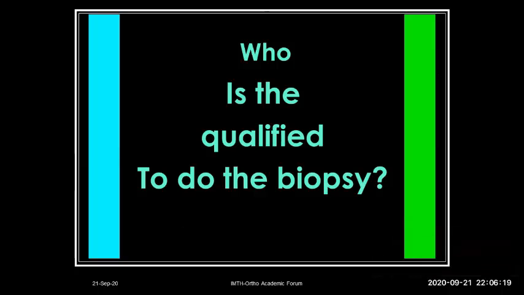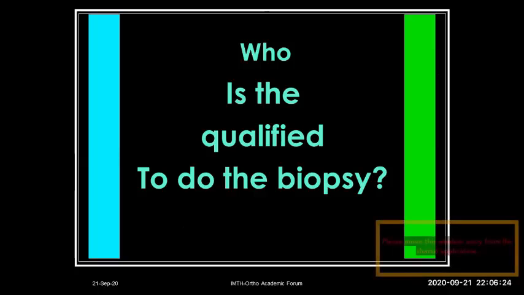Who is the qualified person to do the biopsy? This is a very important question, because you cannot dare to do a biopsy without knowledge of the investigations and the images. You have to go through the x-rays and the MRI and the other images.